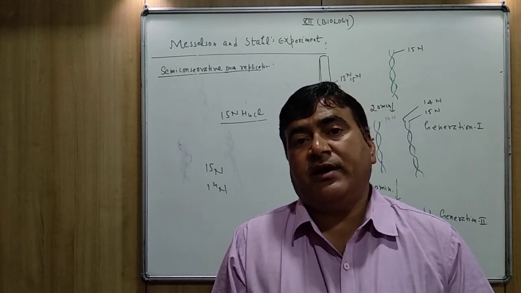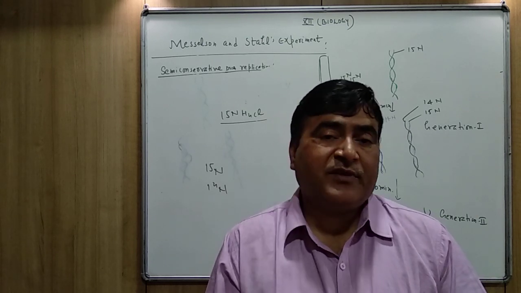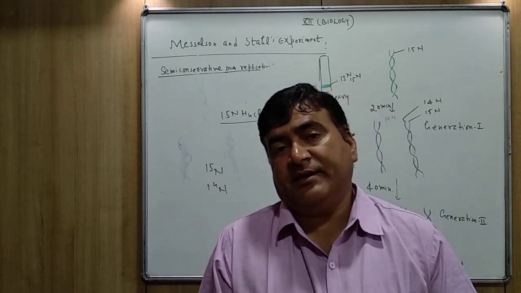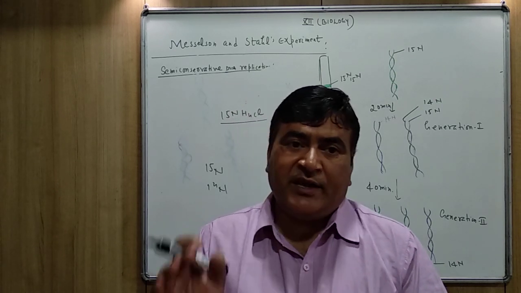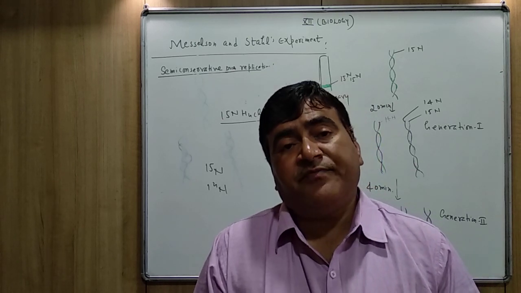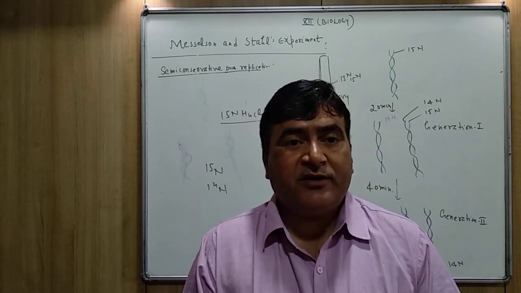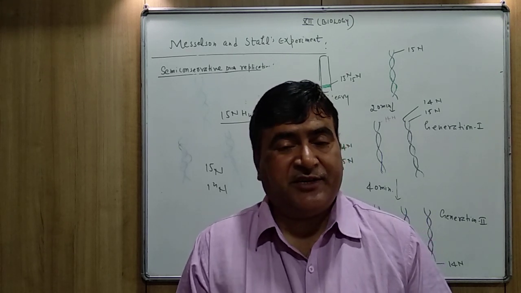As you know, E. coli, that is Escherichia coli, is a very common bacteria, and this bacteria has been used to demonstrate so many experiments related to molecular genetics. And in this experiment also, the experimental organism was E. coli bacteria.